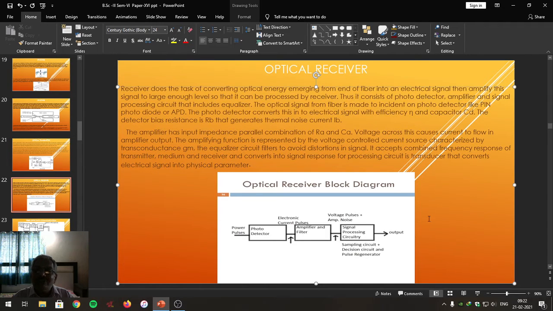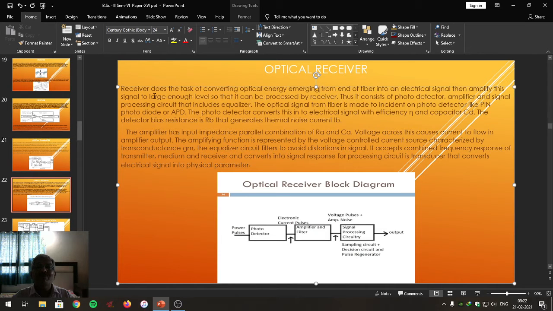So such an aspect is used in the optical receiver, which does the job of converting the optical light radiation coming from the optical fiber into its corresponding electrical signal. After processing, it is given to the destination in the original form.